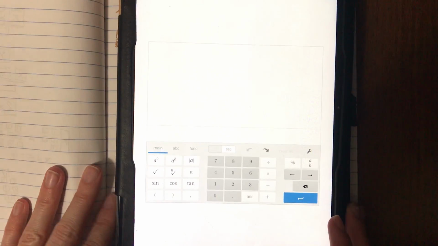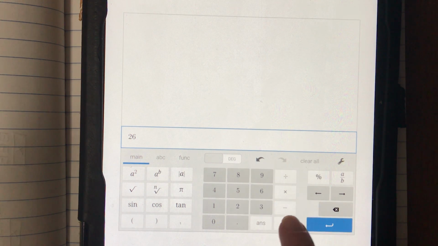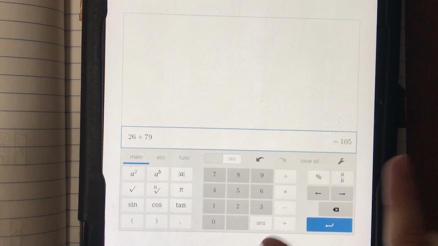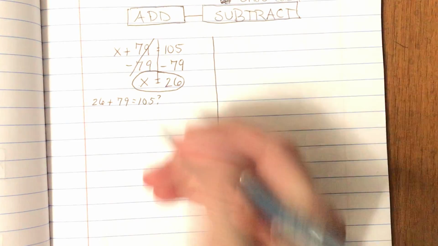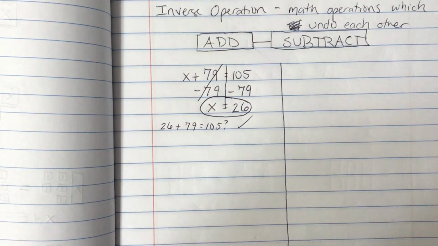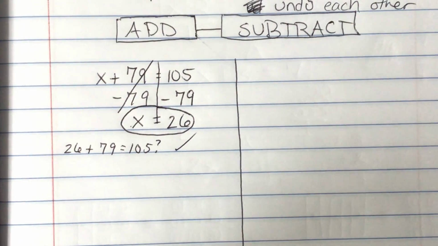So I'm asking myself, is 26 plus 79 equal to 105? And it absolutely does here. And so you know that you're right. These are questions that you should never have to ask, Miss Wallace, is this right? Because you can use your calculator to double check it, okay?